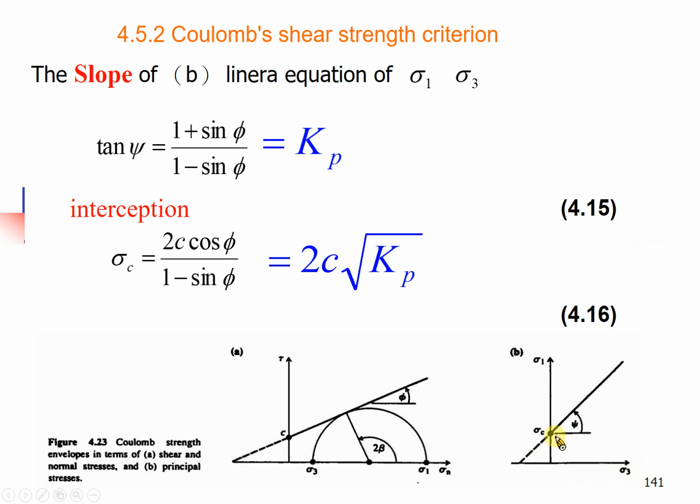What does the intercept here mean? 这个截距是什么意思？Please give me some response. 截距是 sigma 3等于0的时候的 sigma 1p。单压强度太好了，非常感谢。所以这个 intercept 2c 根号Kp 就等于 sigma c，就等于单压强度。Okay?